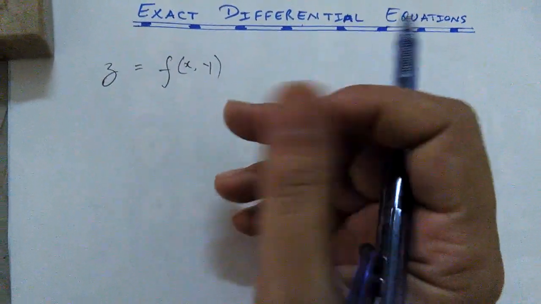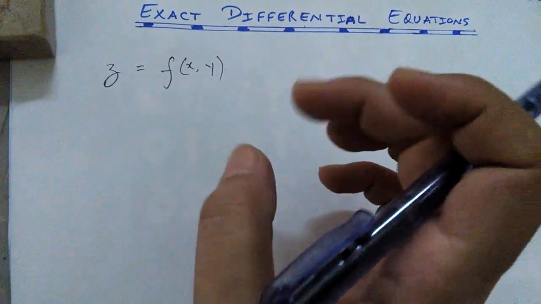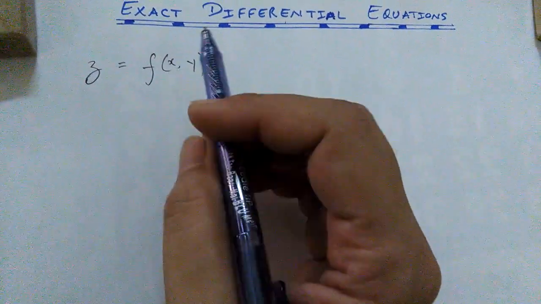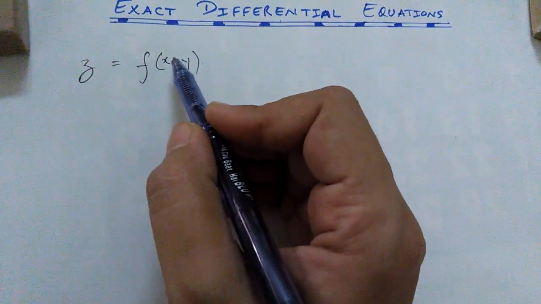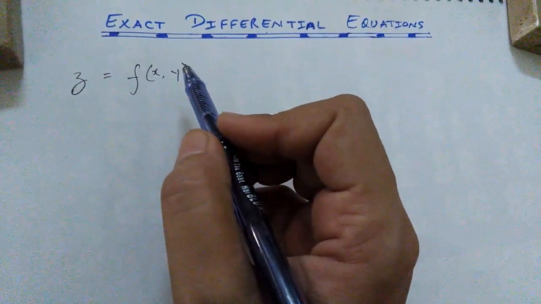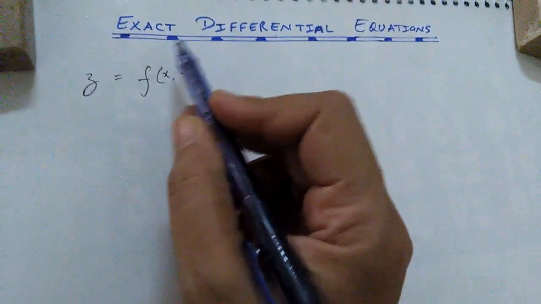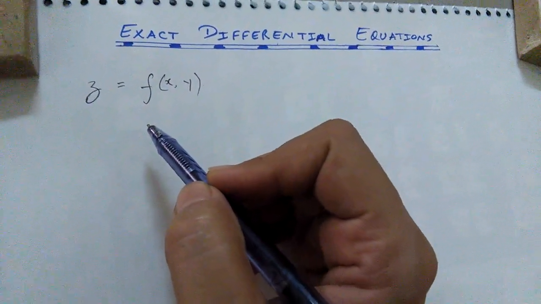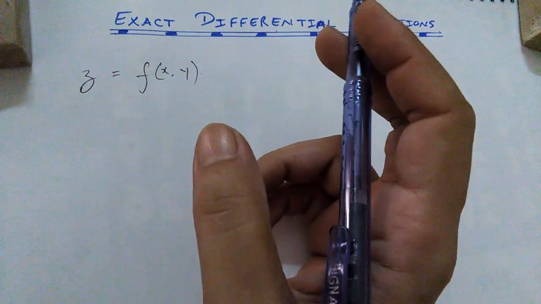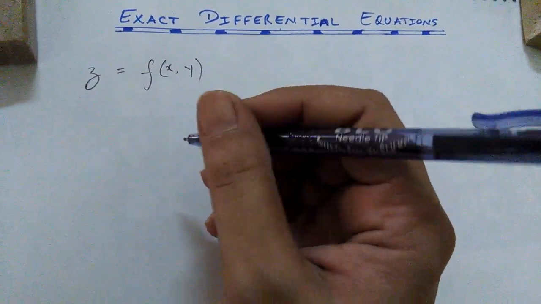This function is said to be totally differentiable only if its partial derivatives with respect to x and with respect to y, both of them, exist. Then you will say that this function is totally differentiable or fully differentiable, otherwise not.